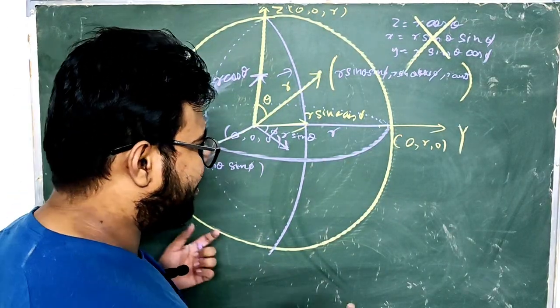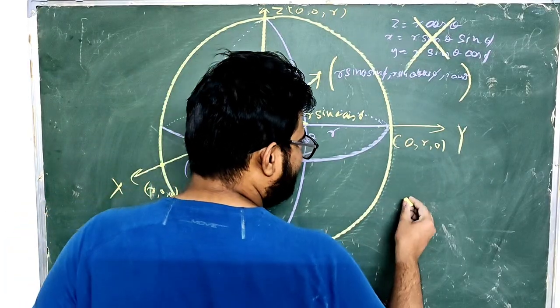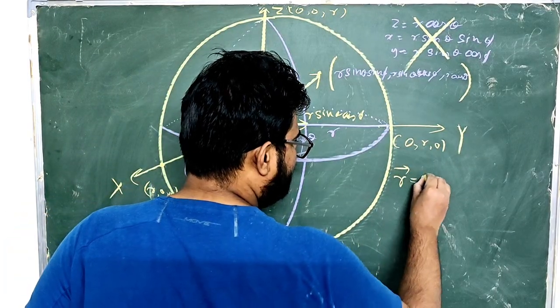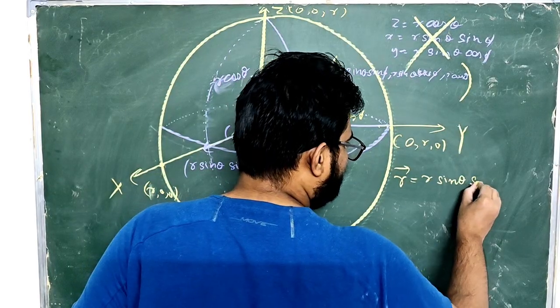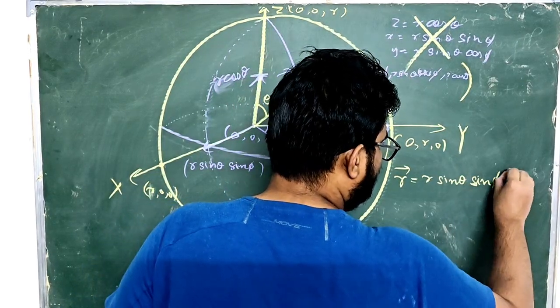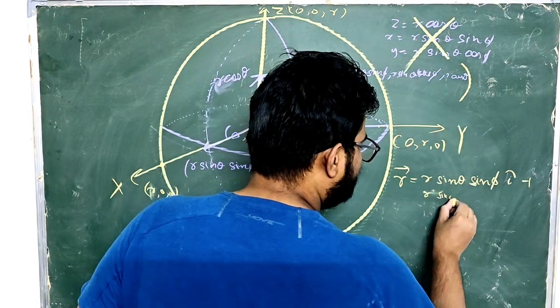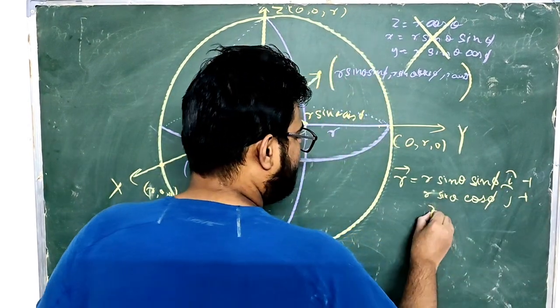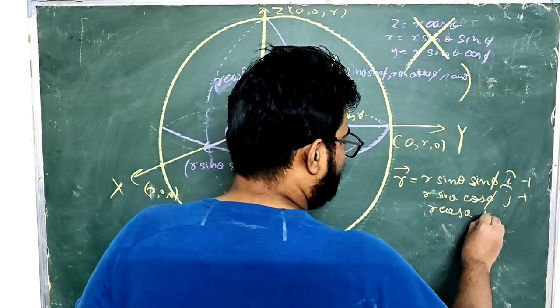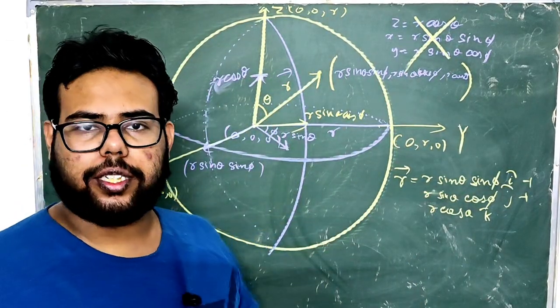Now if you want to check whether it is even correct or not, we can check it. How will you check? The r vector is r sin theta sin phi i cap plus r sin theta cos phi j cap plus r cos theta k cap. Now if you take the magnitude on both sides, what will you get?